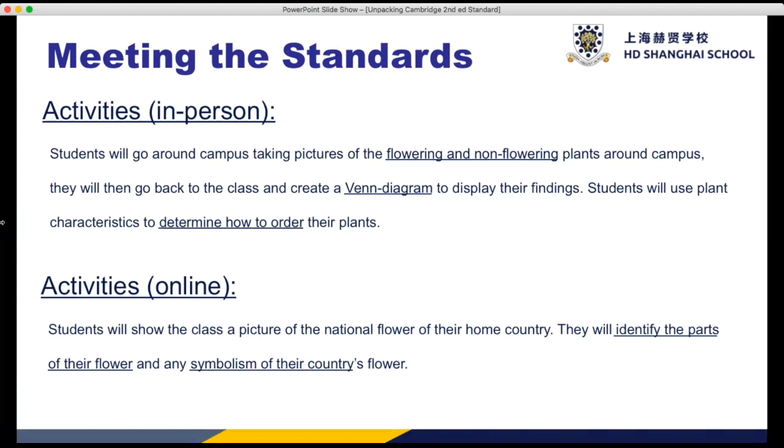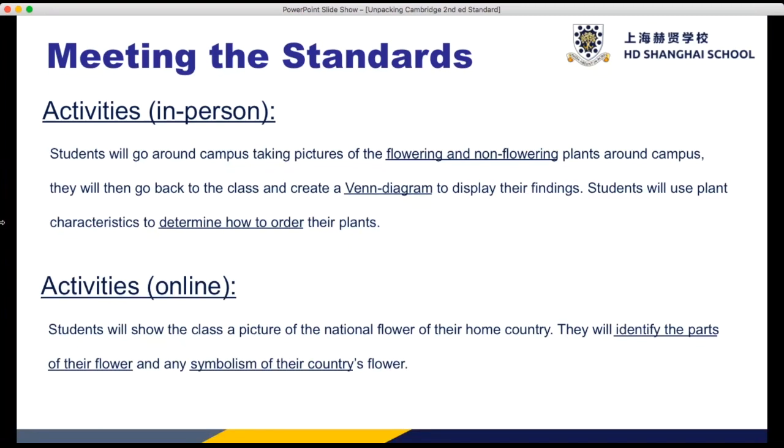So to meet the standards, here are some activities that I've included. The first one, for in person, the students can go around campus taking pictures of flowering and non flowering plants, and then they will come back to class and create a Venn diagram using technology and the pictures they've taken.